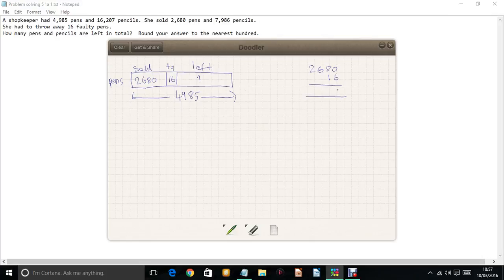I really should be disciplined here and remind myself that I'm adding. So it gives us 2,696. I know that these two together are 2,696, and I need to subtract them from this. So 4,985 subtract 2,696.